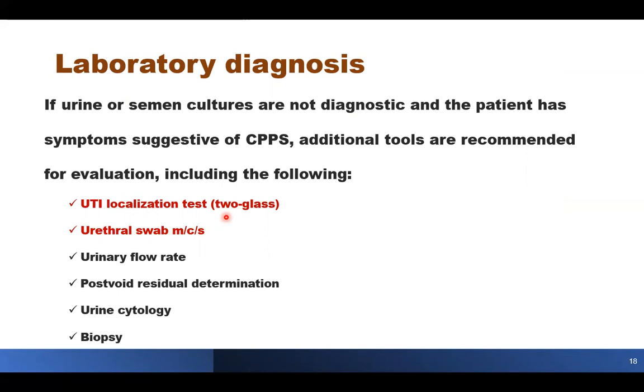For example, if you have an organism such as chlamydia, mycoplasma, we may not get them on routine culture. So if you send a urethral swab, we can perform culture. Now that we know that we are dealing with non-routine organisms, then we're going to use specific agar in this situation, or we may use PCR. The other tests are not microbiology related, but these are other tests that can help.